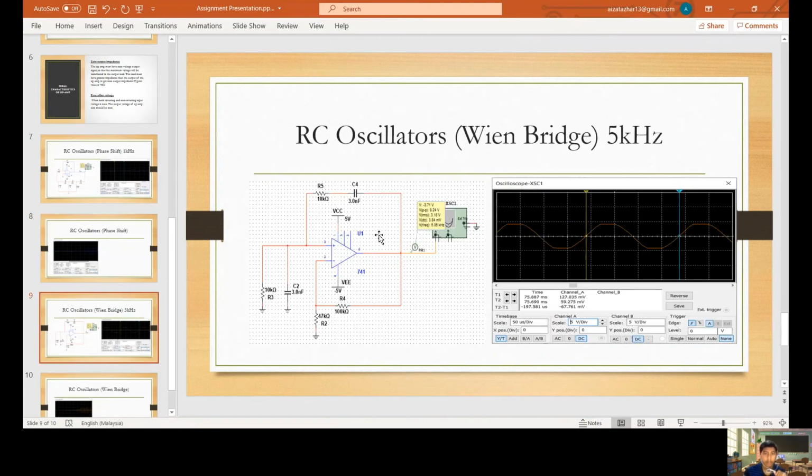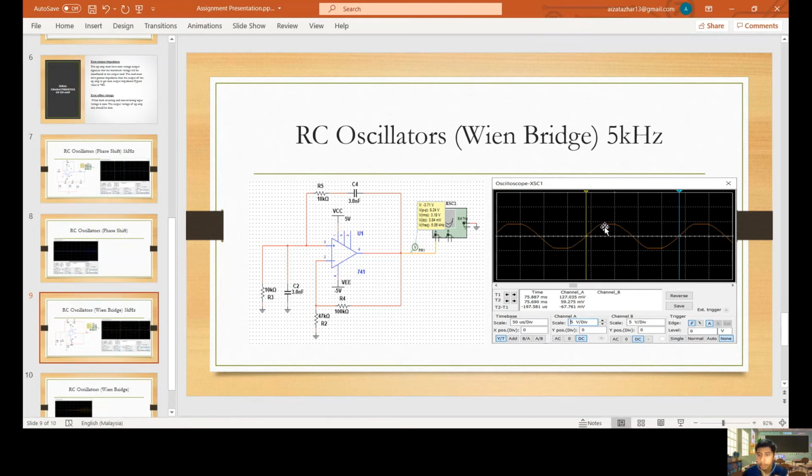All right. So the next one is the Wien bridge. We calculate for 5 kilohertz. So this is the design for the Wien bridge. We also use a 5 volt DC source.